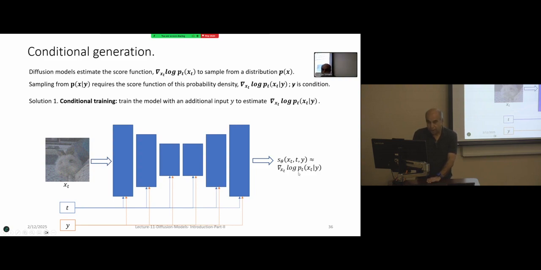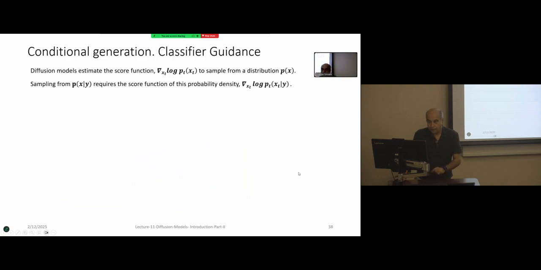The problem with this is that we now want to estimate the gradient of the log of this conditional probability, and that will be a challenge.